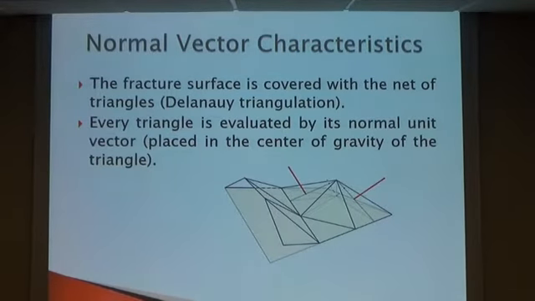In the second approach, all the surface is covered by a net of triangles in such a way that the vertices of the triangles correspond to the real measurements. And then for every triangle the unit normal vector was calculated, that is the vector perpendicular to the triangle.